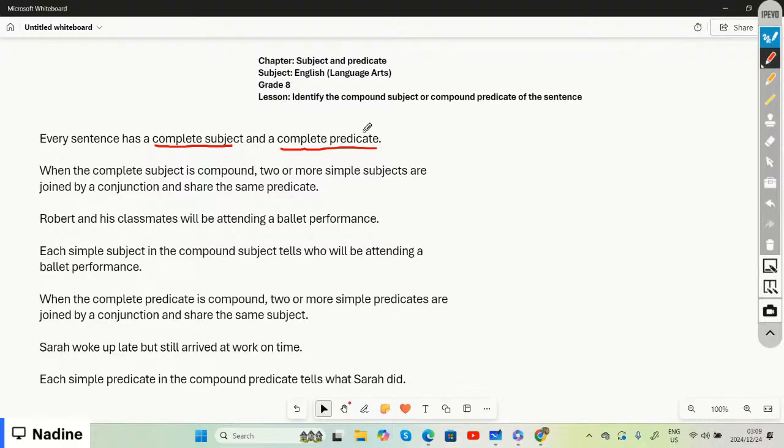And if we look at an example, it says, Robert and his classmate will be attending a ballet performance. So if we select the complete subject that is compound, it is Robert and his classmate. Like we said, a compound subject is basically two or more simple subjects that are joined by a conjunction.